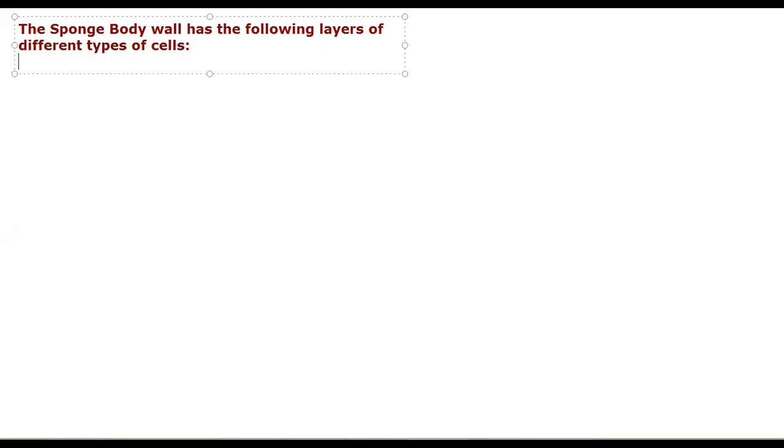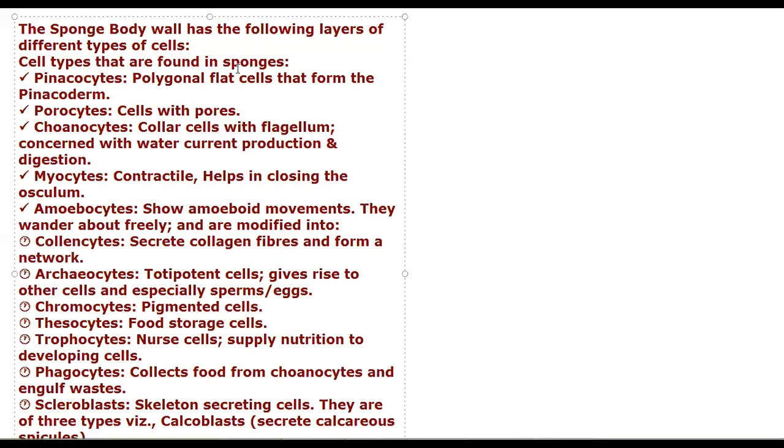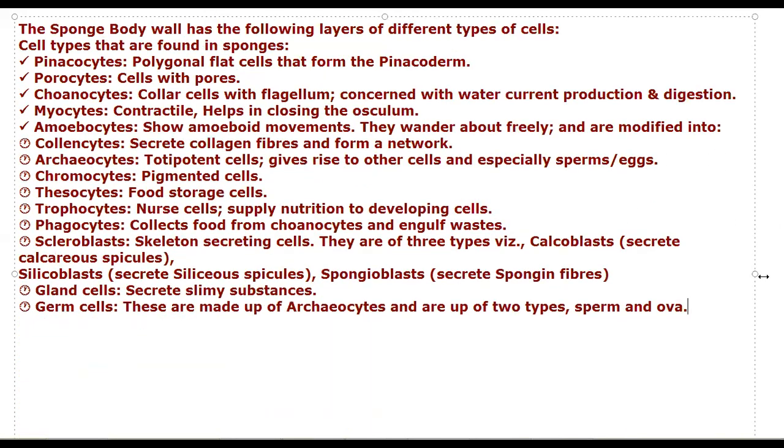So here we will use the different types of cells. And which cells will come in it? So many cells we will find in the sponge body wall.